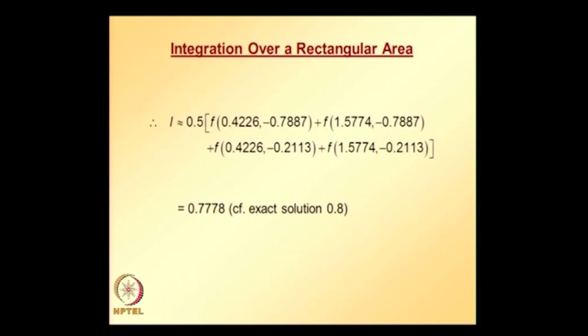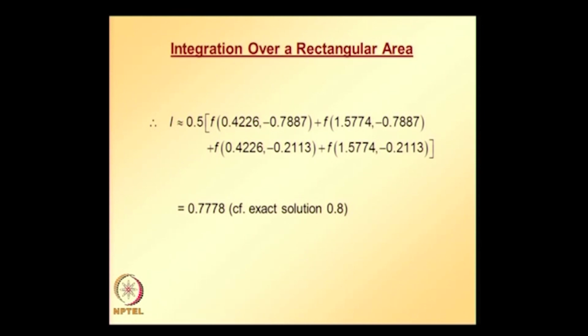So this is what I mentioned, since we under integrated, that is we used less number of integration points than required, the solution may not be accurate, there may be some error in the solution, and that is what is reflecting here.